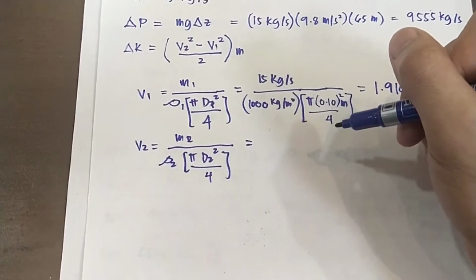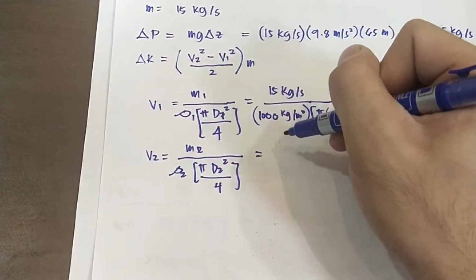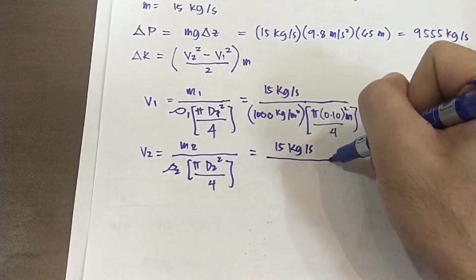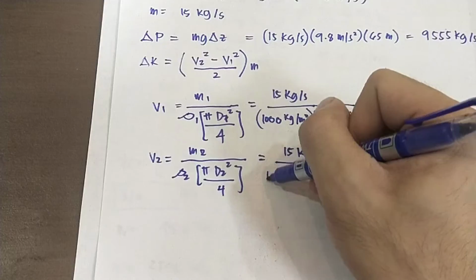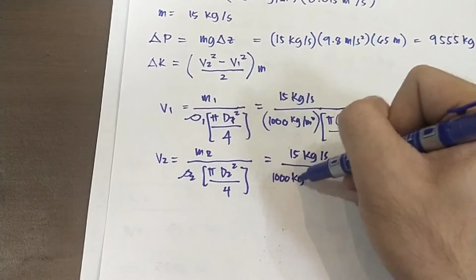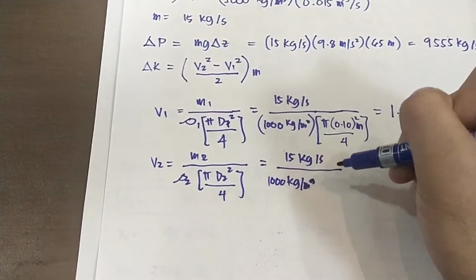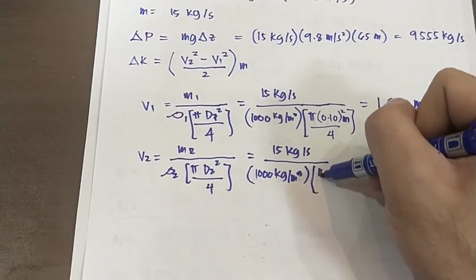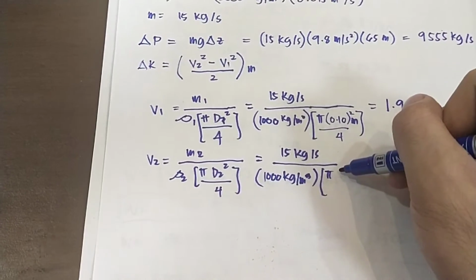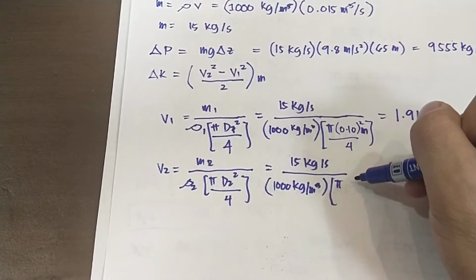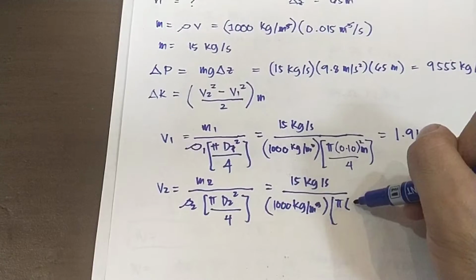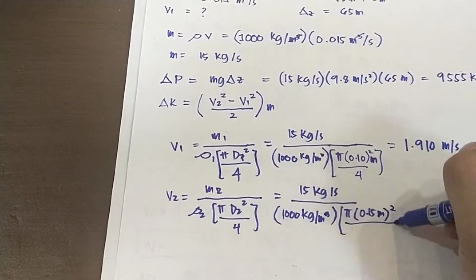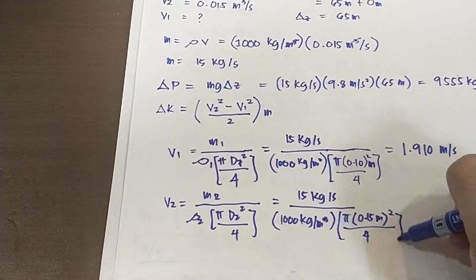Our M1 and M2 are equal, so the same mass, 15 kilograms per second, times our density 2, which is the same, 1000 kilograms per cubic meter, times our area, which is pi times our D2, which is 15 centimeters converted into meters, so 0.15 meters squared all over 4.